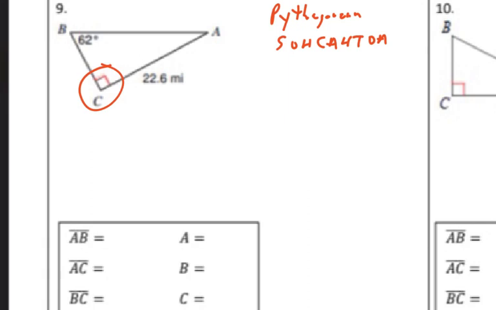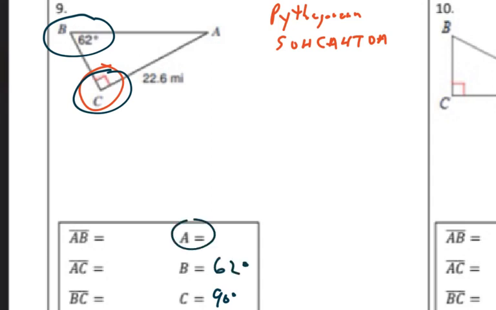All right? So that being said, I already know that angle C here is 90 degrees. I know that angle B here is 62 degrees. How do I find A? I'm simply going to take 90 minus 62, because remember in a right triangle, these two other acute angles, as we call them, always add up to 90, because all three angles add up to 180.